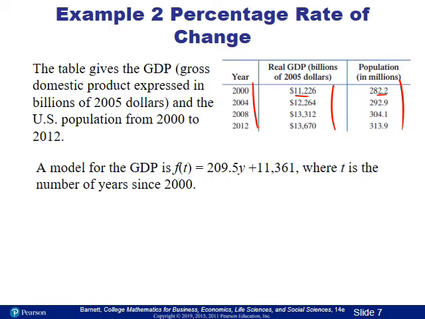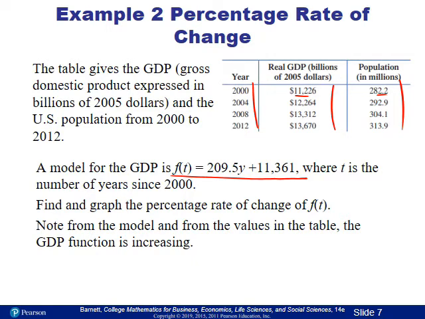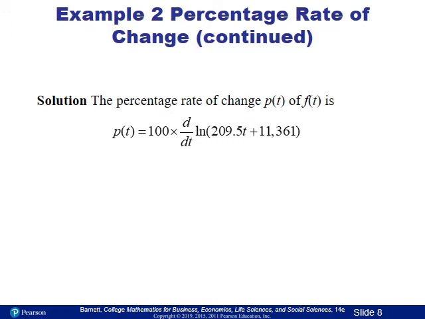If we write this model into a linear equation, it will be like this, where t is the number of years since 2000. Find the graph, the percentage rate of change. The percentage rate of change, note that the model value of the treasury function is increasing, so for the percentage rate of change, we will simply take its derivative and divide it with the function.